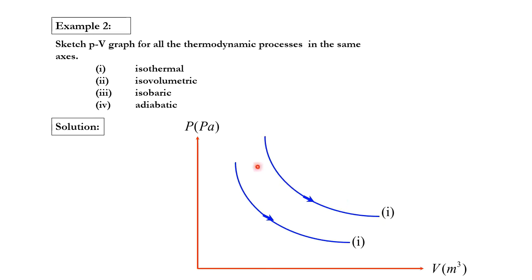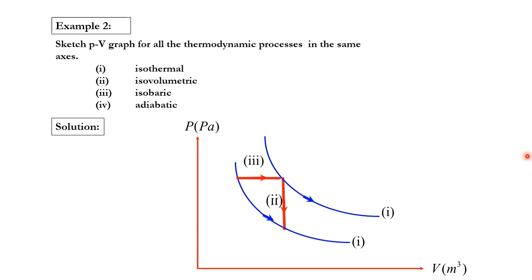Here we sketch two curves. So we have two isothermal processes. This is the expansion for isothermal. You can choose either to sketch the expansion process or the compression process. Next, isovolumetric at constant volume. At constant volume, there is a decrease in pressure and at the same time a decrease in temperature.